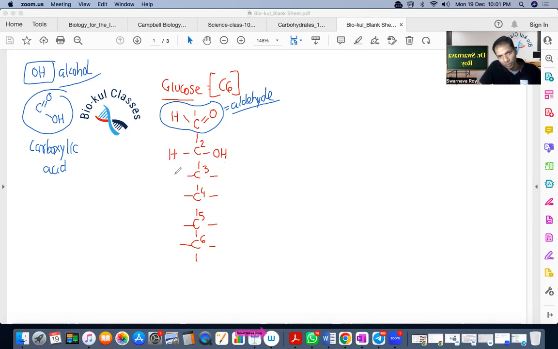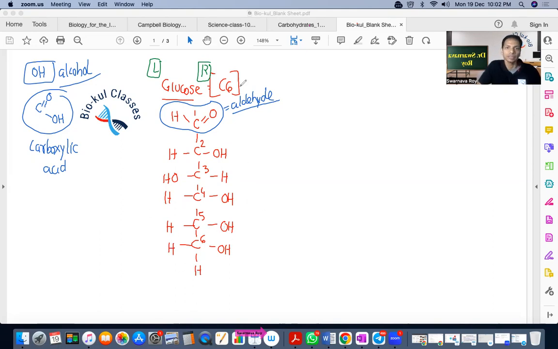The third carbon has an OH flipped on the left side, and the fourth carbon again has an OH on the right side. The fifth carbon also has OH, and the sixth carbon has a CH2OH.